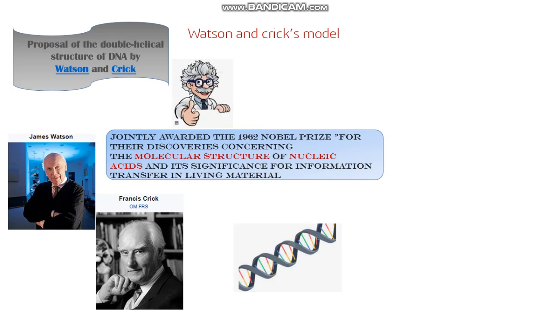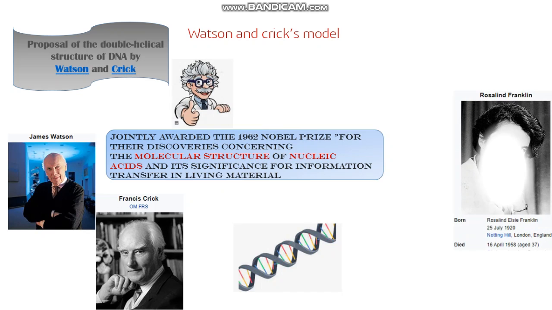But one of the scientists' names is not that well known, and that scientist is Rosalind Franklin. Her discovery and research made a major contribution to the DNA structure discovery. In subsequent years, it was recognized that Watson and his colleagues did not properly attribute her contribution to the discovery of the double helix structure.